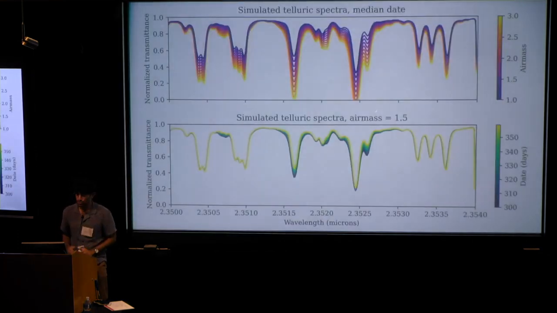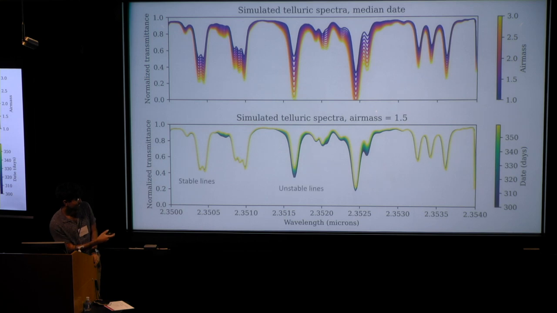Then we can reconstruct what the tellurics look like along just those individual dimensions. You can see that as you crank up the air mass, as you'd expect, the absorption becomes deeper. You look through more of the Earth's atmosphere with your telescope, you have a lot more absorption. And the cool thing about the time dependence is we found that some lines are going to be relatively stable over time, whereas others exhibit some seasonality on the order of days, weeks, months.